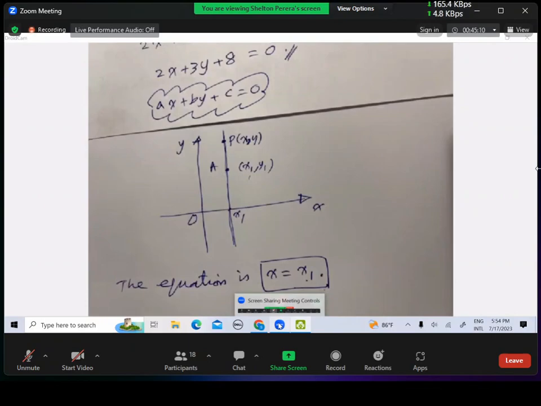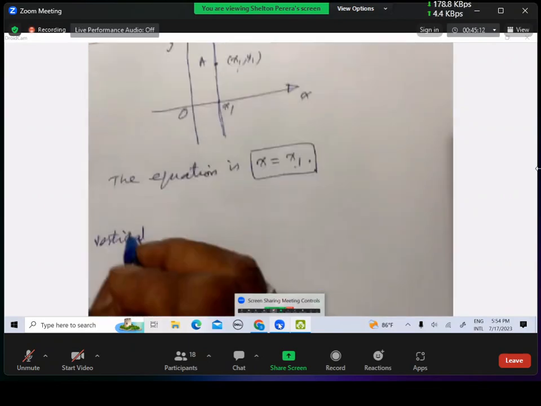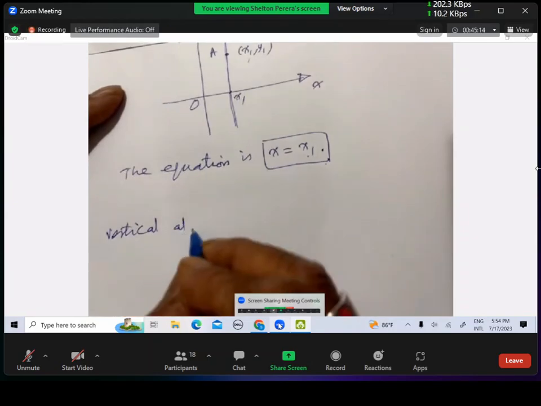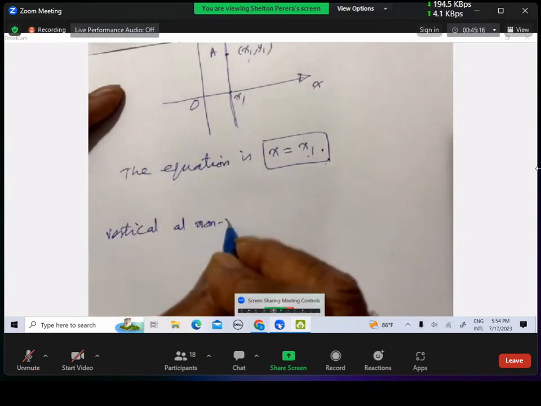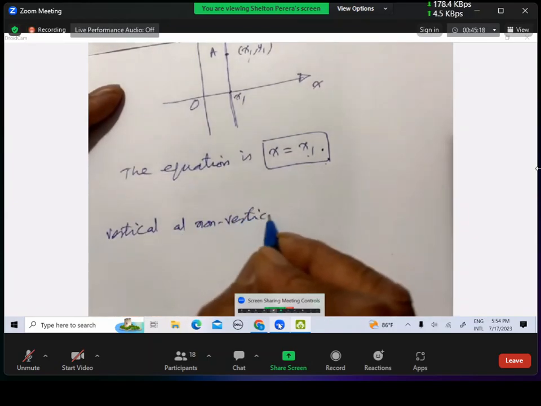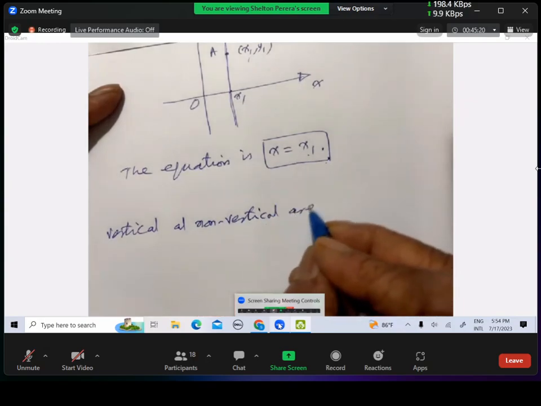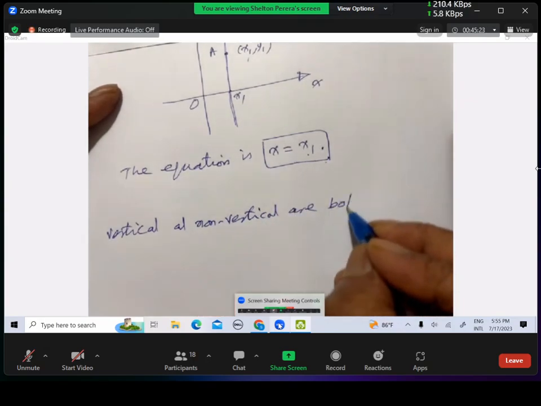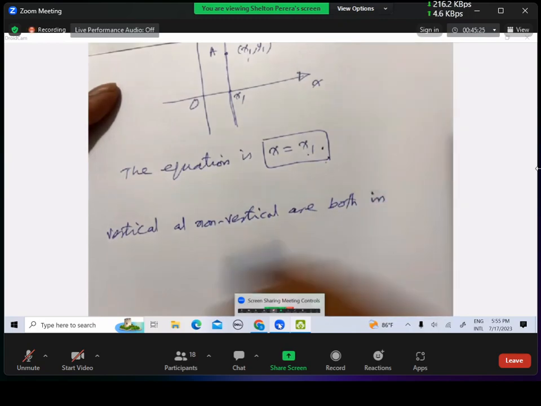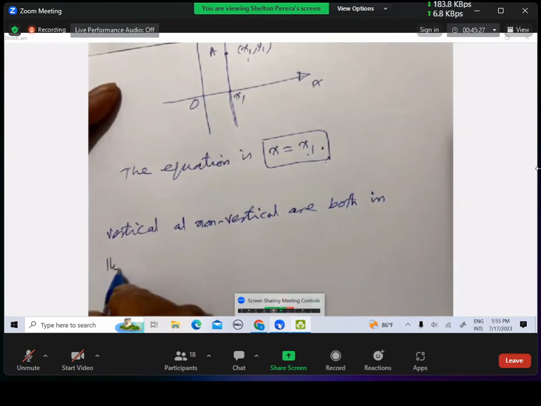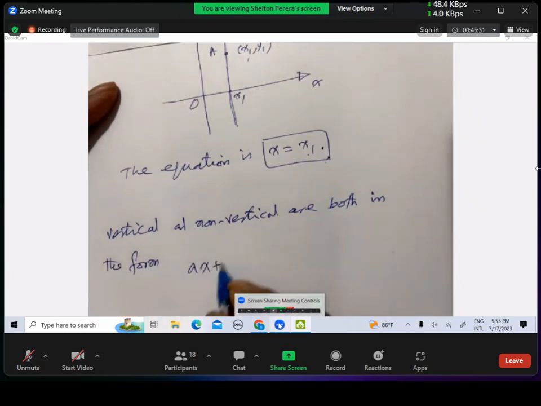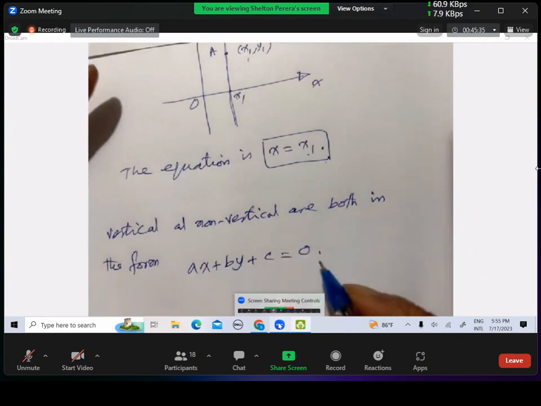Vertical and non-vertical lines are both in the form a times x plus b times y plus c equal to 0.